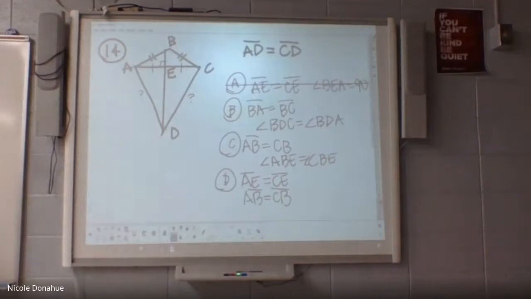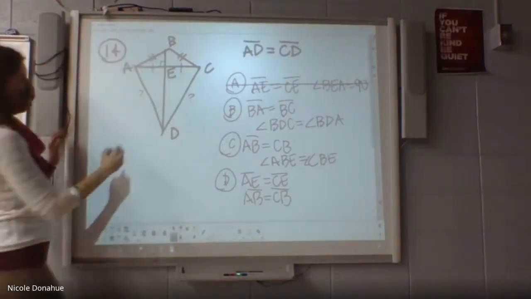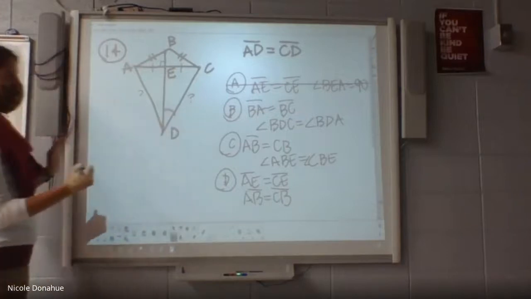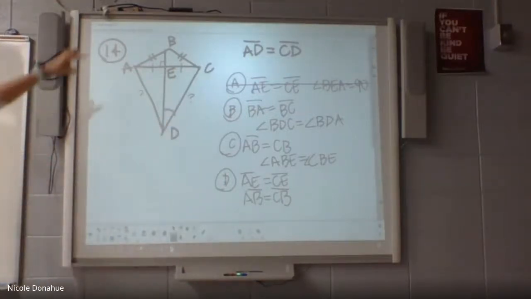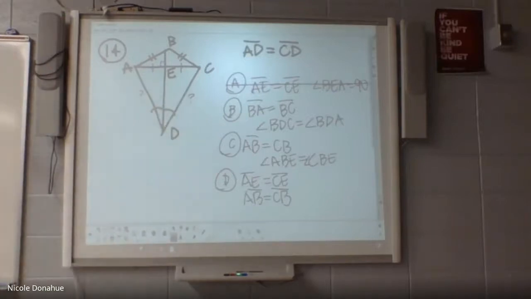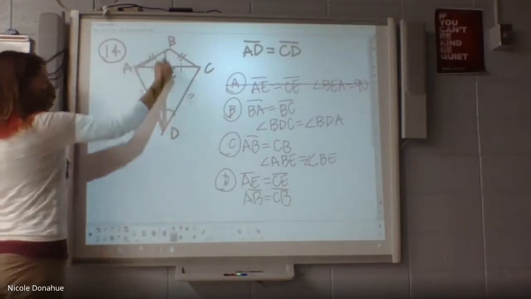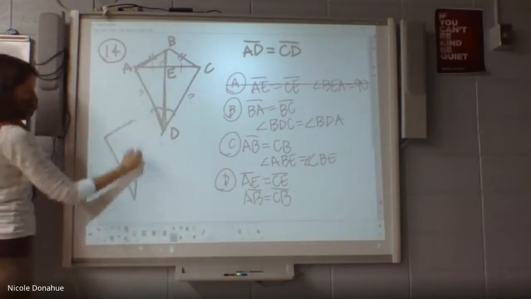And then BDC, well, that one's a little bit better. BDC, and then BDA. Now, this one is a little bit tricky as well because the triangle we're talking about is this.